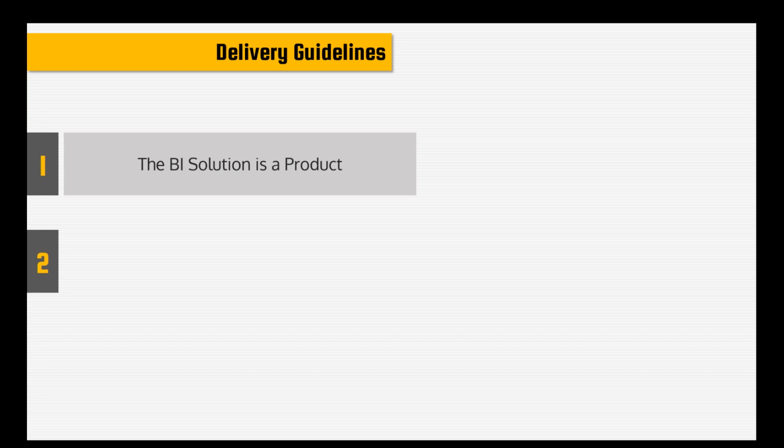That means that we have a planning stage and an execution step, and we have all the conventional product managing methods that we can apply to the BI solution in order to keep it alive and evolving.